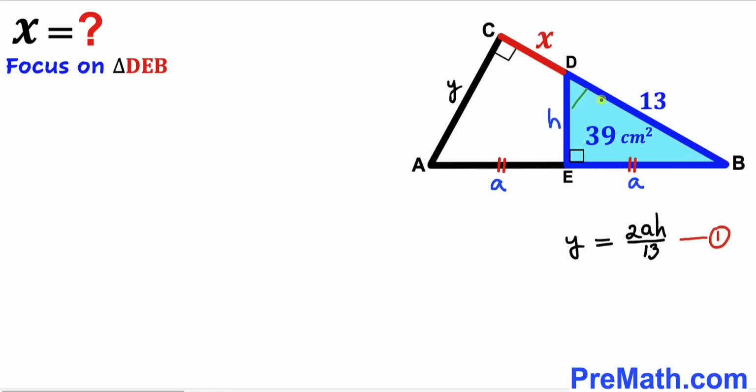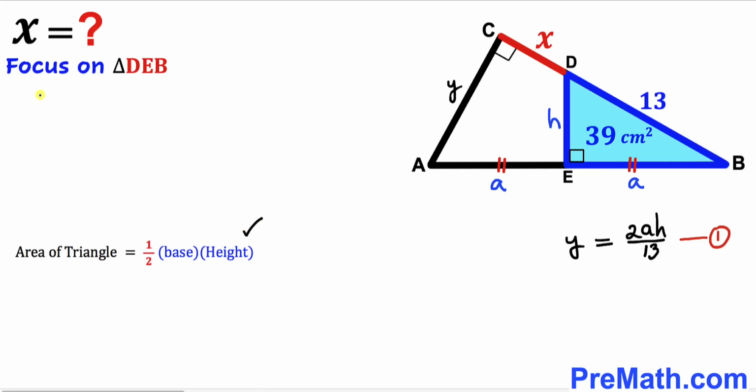We are going to focus on this blue shaded triangle DEB. And now let's recall the area of a triangle formula. Area is always equal to a half times base times the height of the triangle. And here we can see for this blue shaded triangle, this side is our base and this one is our height. And furthermore, the area of this triangle has been given to us as 39. So we are going to fill in the blanks in this formula.